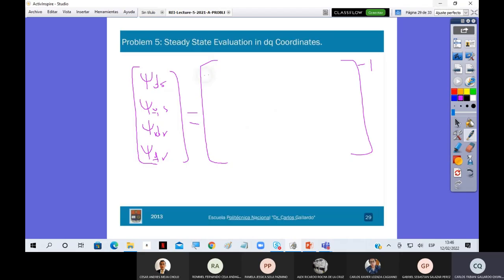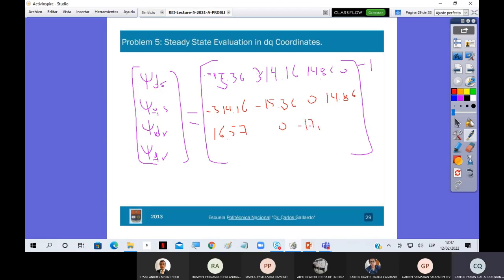So I will get negative 15.36, 314.16, 14.86, then 314.16, minus 15.36, 0, 14.86, 16.55, 0, 17.55, 0, and finally 0.